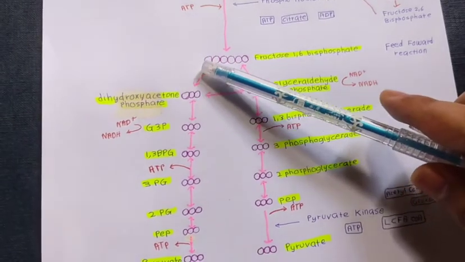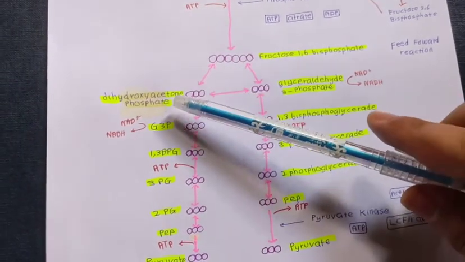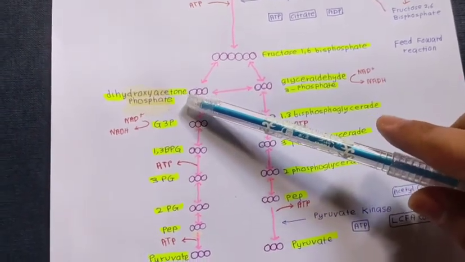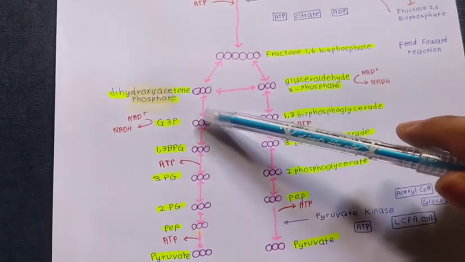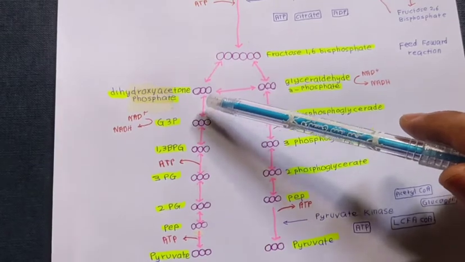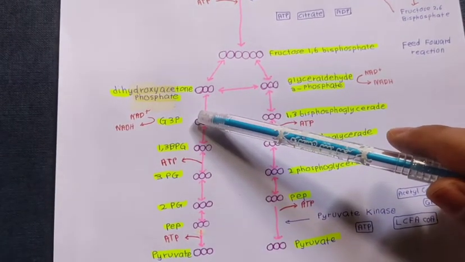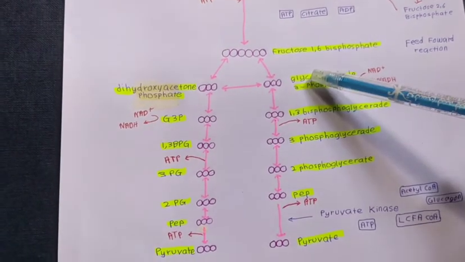So this step is also the same, but dihydroxyacetone phosphate cannot convert into 1,3 bisphosphoglycerate, so we need to convert it to glyceraldehyde 3-phosphate first, same as this one.